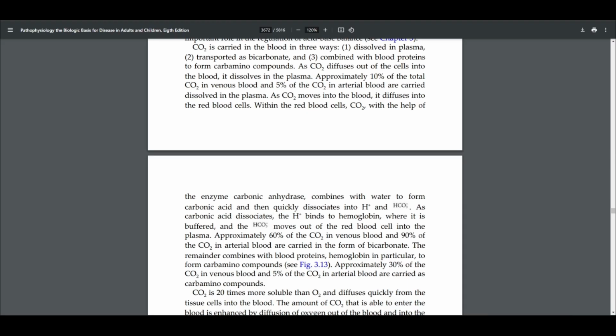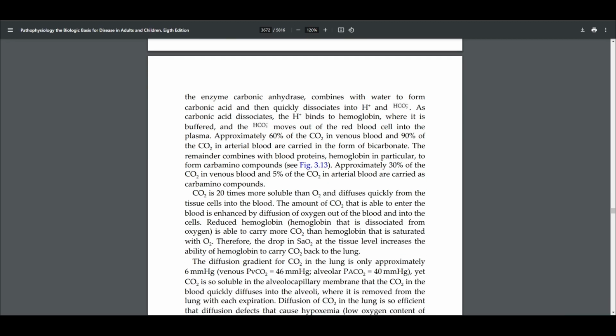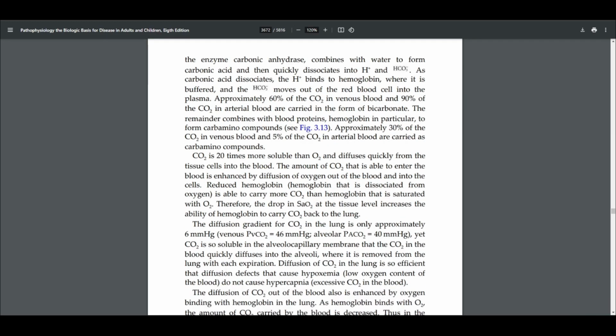Within the red blood cells, CO2, with the help of the enzyme carbonic anhydrase, combines with water to form carbonic acid, which then quickly dissociates into hydrogen and bicarb. As carbonic acid dissociates, the hydrogen binds to hemoglobin, where it is buffered, and the bicarb moves out of the red blood cells into the plasma.